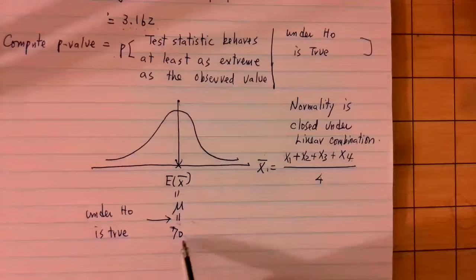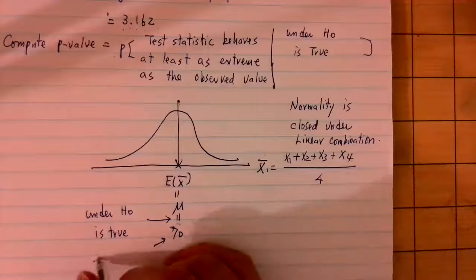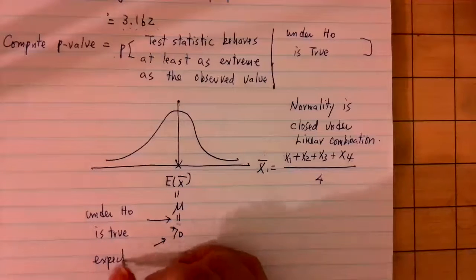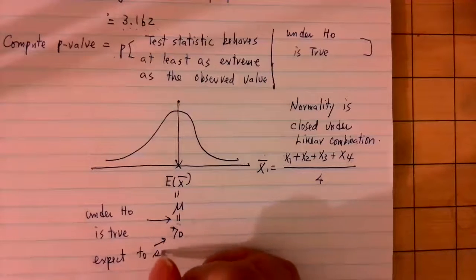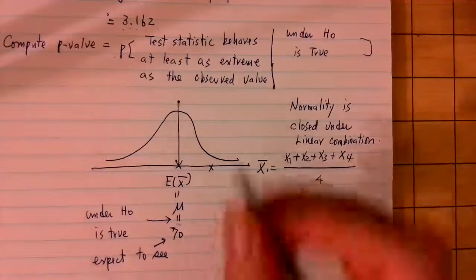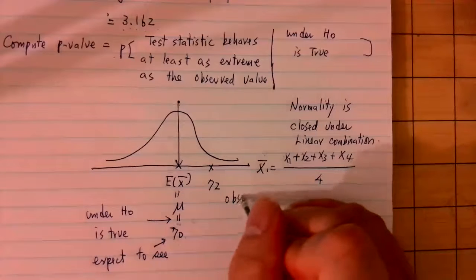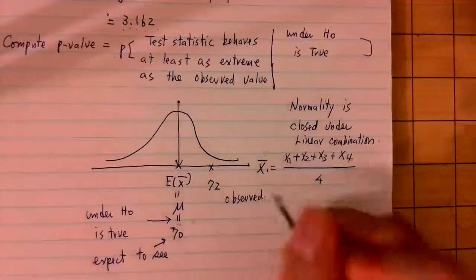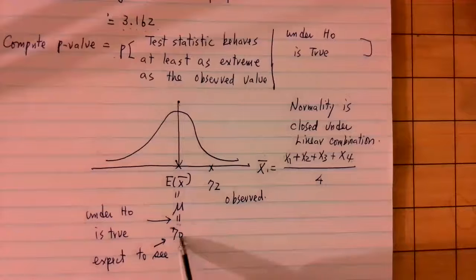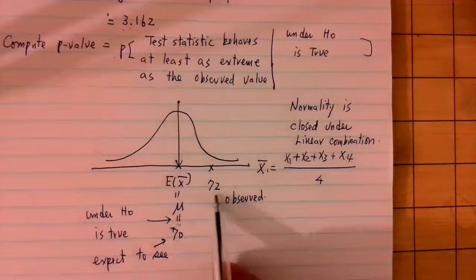The days to mature is 70 days. This is what we expect to see under H naught. But what we actually observe is not 70 days, it's 72 days.